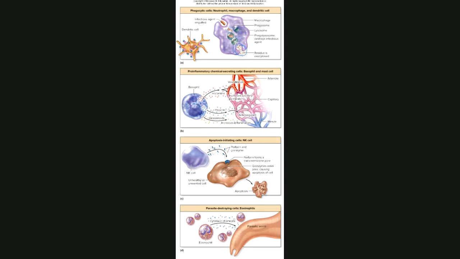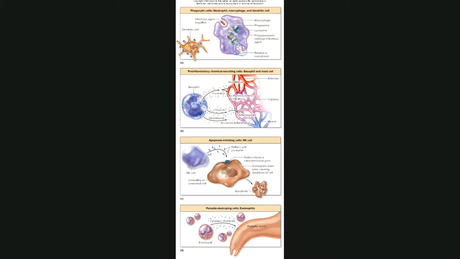So when a lymphatic capillary takes fluid from that area, that fluid is going to contain traces of the pathogen, and that will activate your lymph nodes, and then you have your adaptive immune system, your third line of defense, being initiated. So that's our engulfing cells.